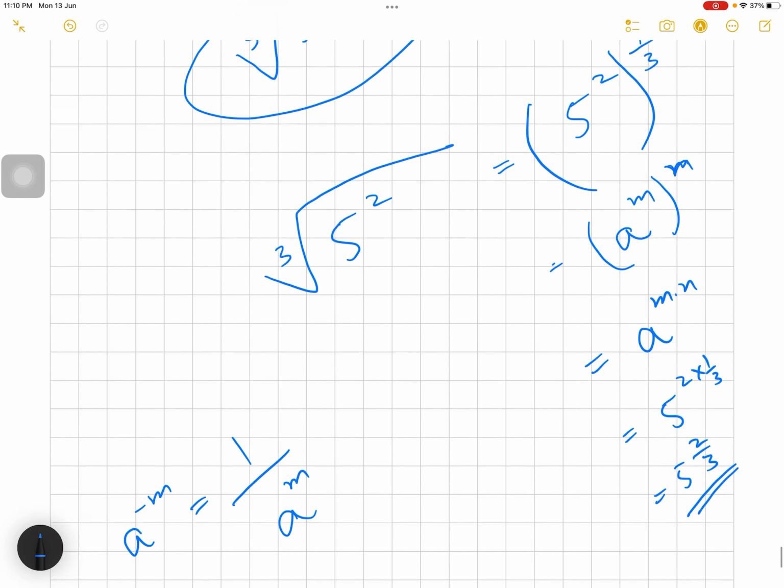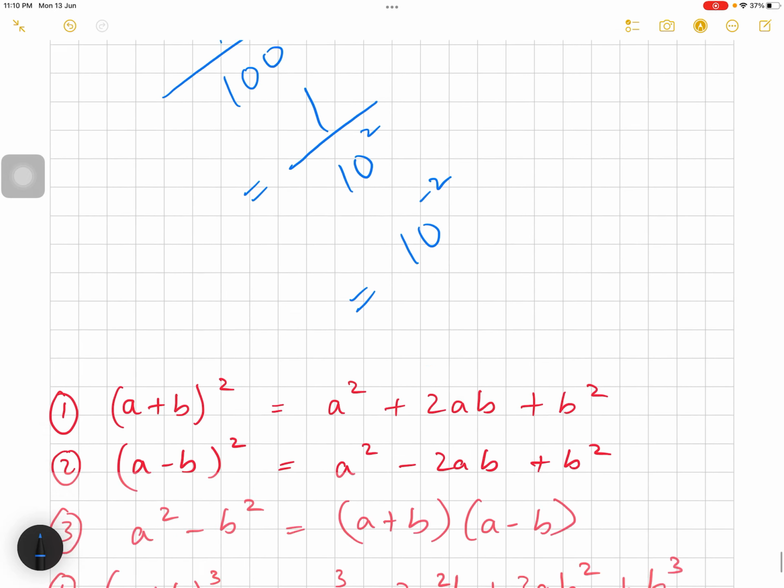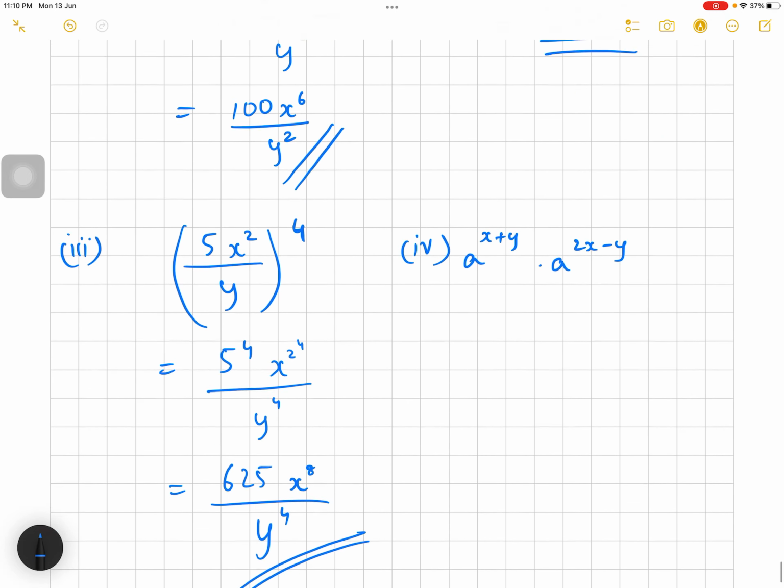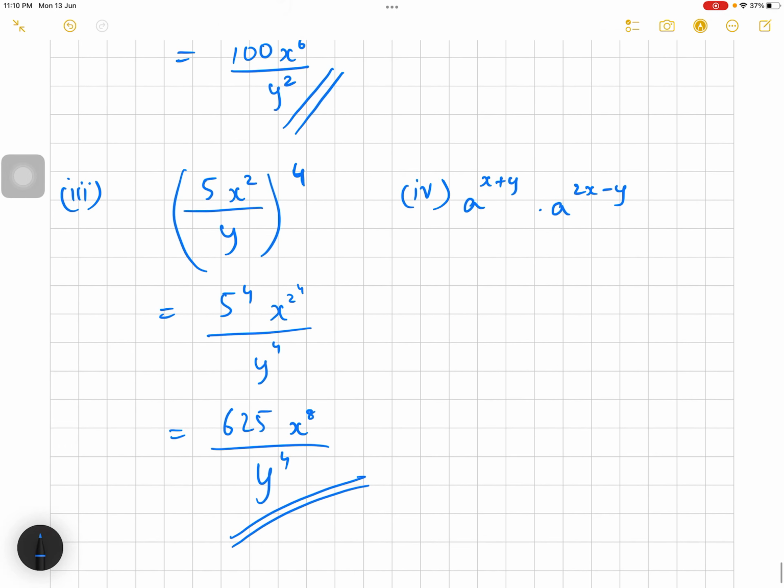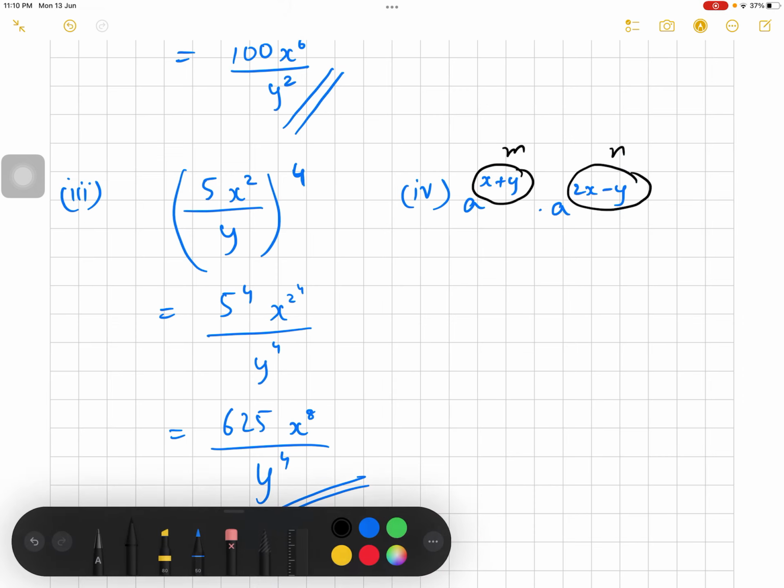Okay, bases are the same. A raised to m into a raised to n is a raised to m plus n, right? The first law, it is as good as that. This is m and this is n.